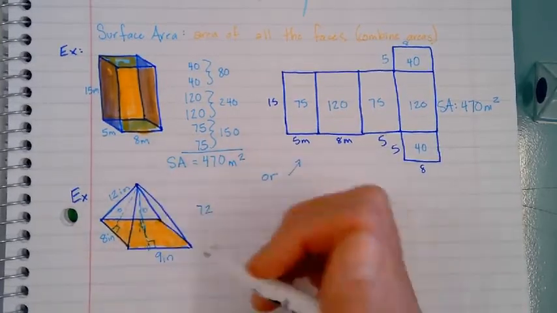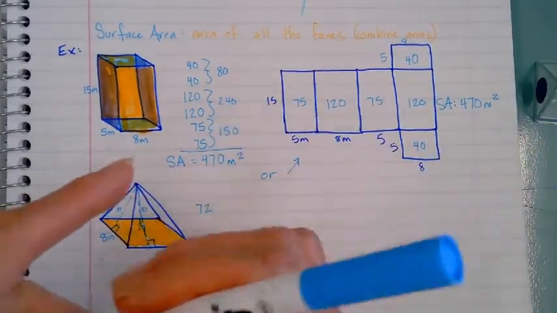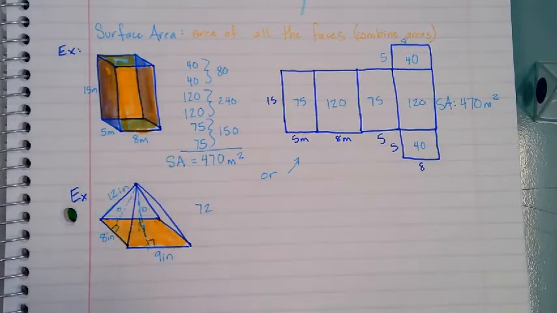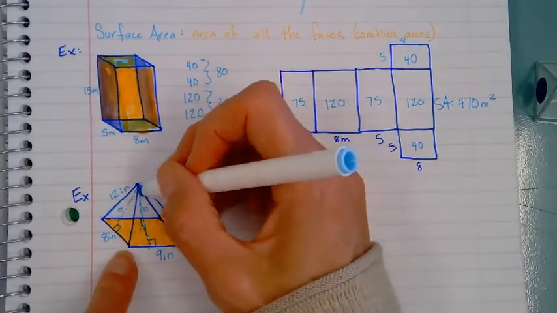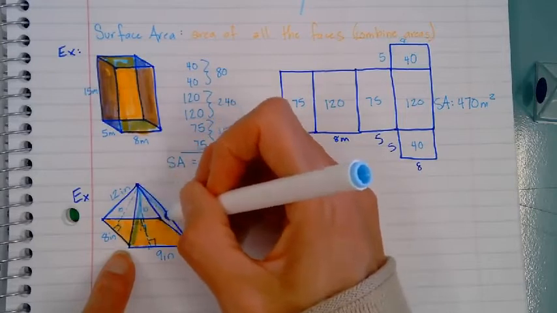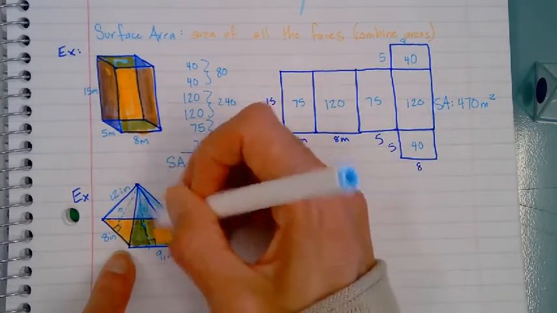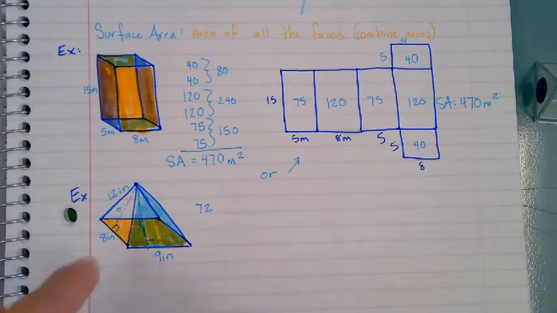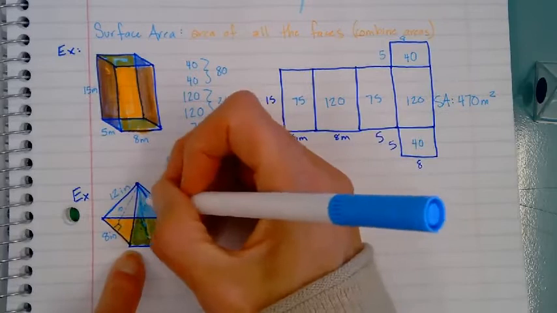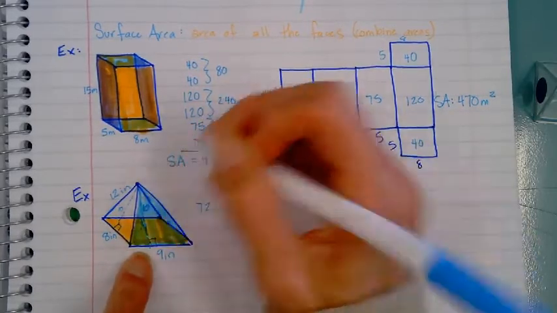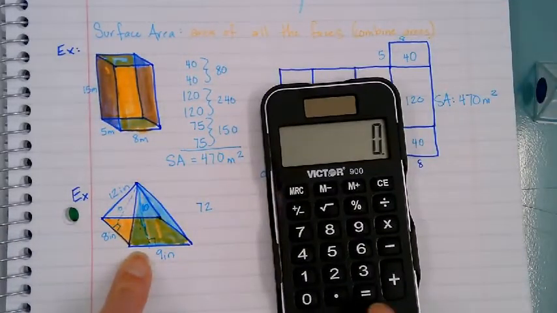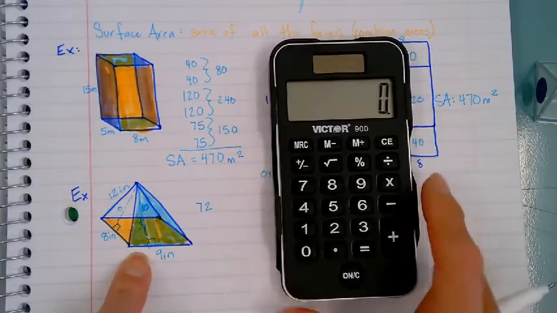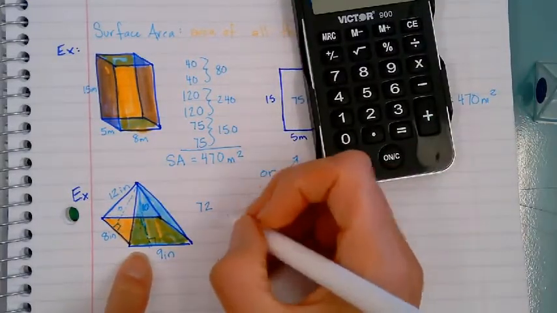I'm going to start with this first one. I'll shade it in. So it's this one, kind of the one that's facing us. See that triangle? So this triangle has a base of 9 and a height of 10. So I'm going to do 1/2 of 9 times 10. 9 times 10 is 90, divided by 2 would be 45.